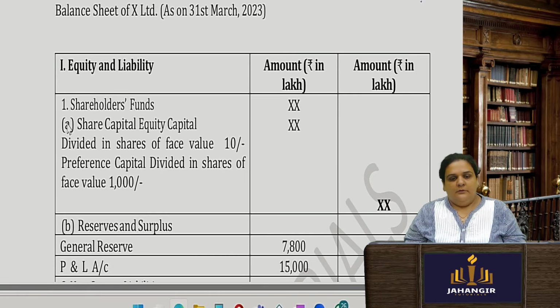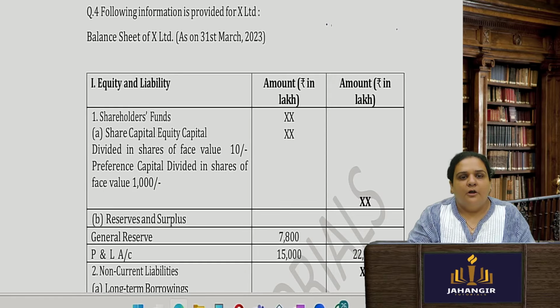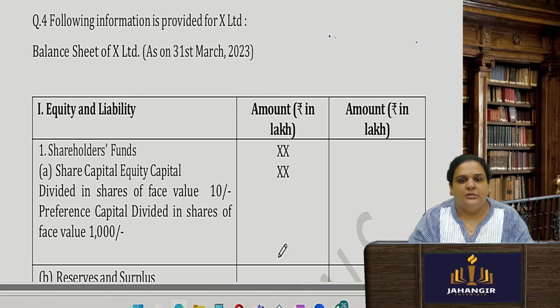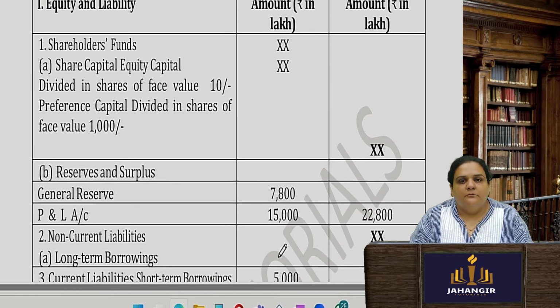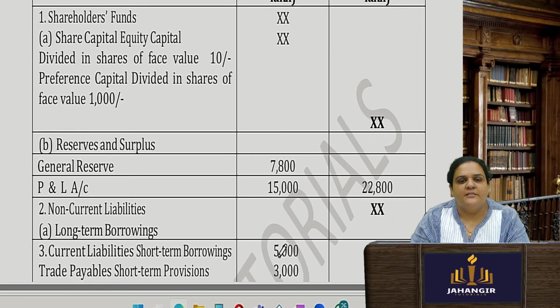Now coming to question number 4. The following information is provided for X Limited. They have given me a balance sheet. Shareholders' funds: equity share capital divided into shares of face value 10 each, X amount for equity share capital, and preference share capital divided into shares of face value 1000 each, X amount.